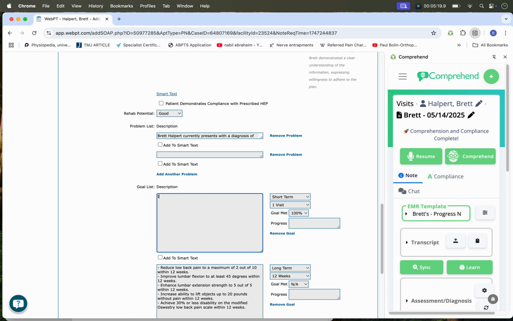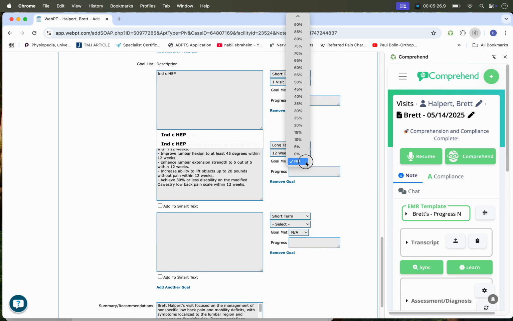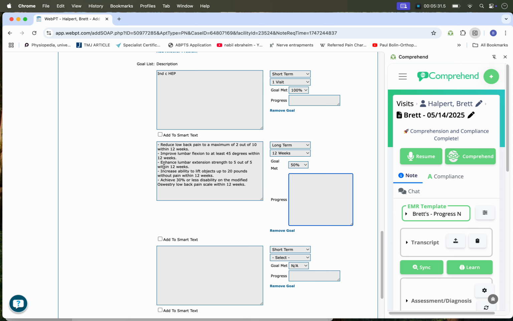It changes the goals. So I just add independent with home exercise program as the first one, and then the other goals here. So I can give like an overall progress for the goals and make comments if needed.